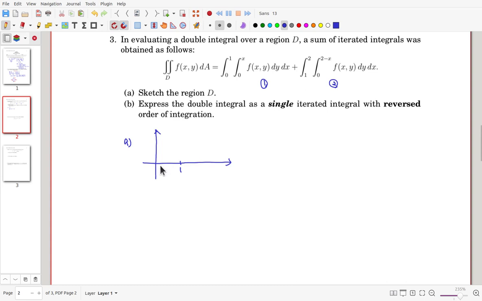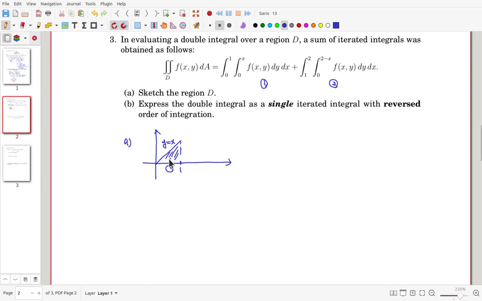Bottom y is 0, top y is x. So the y equal x is this one. The bottom y is 0, top y is x. That is y equal x. So we have this region from part 1, right?